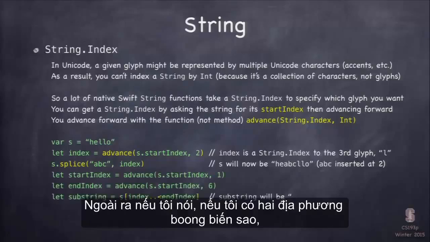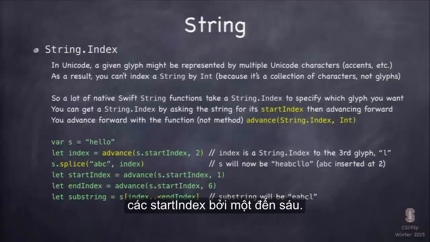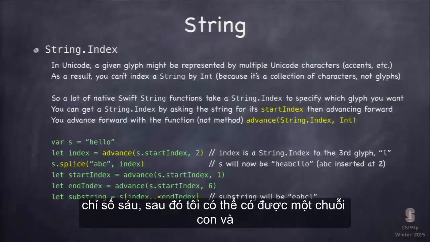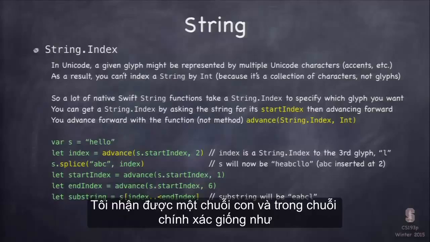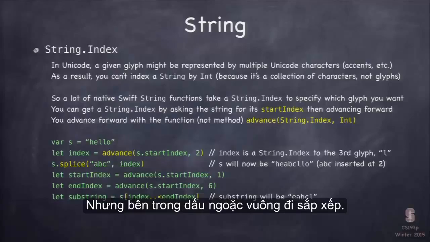Also, if I got two local variables, start index and end index, which I made by taking advance of the start index by 1 and 6. So I want to be from index 1 to index 6. Then I could get a substring. And I get a substring in a string exactly the same like in an array, square brackets, string, square brackets. But inside that square brackets goes a range.